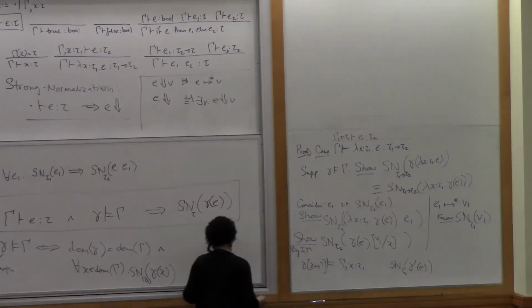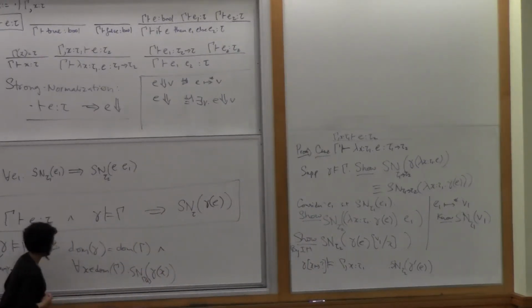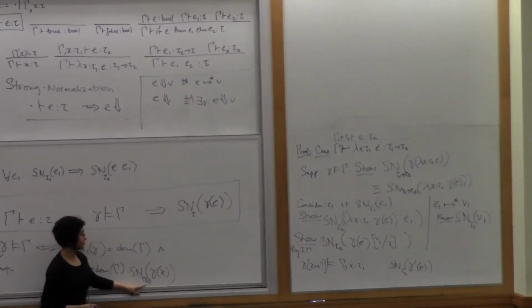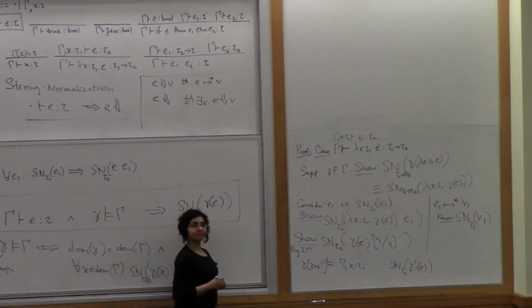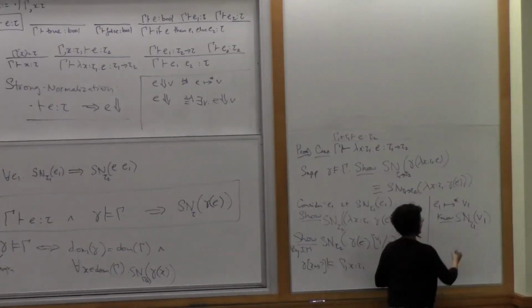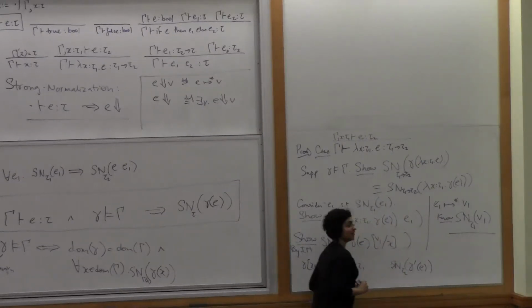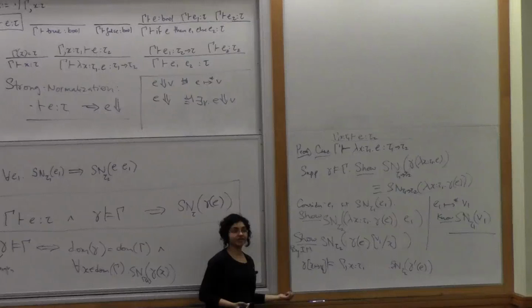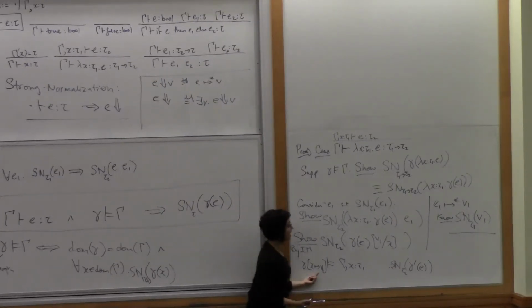And what do we need? Well, we need it to be the case that whatever value we put over there is strongly normalizing at the type tau 1. So just use this V1 that we have, right? We already know this fact. Okay, so take the extended environment, the environment we had before, and add in that V1.